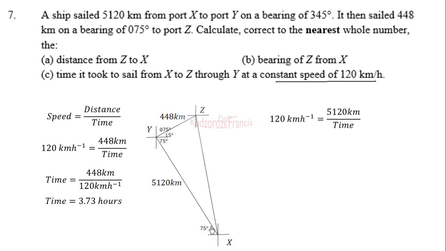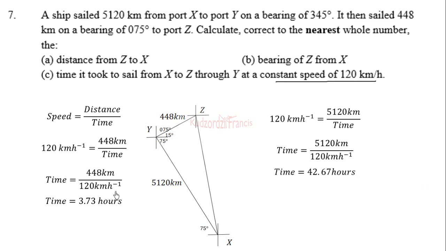So the speed is the same throughout the path. We swap again to get this equation, and we calculate 5120 divided by 120 to get 42.67 hours.